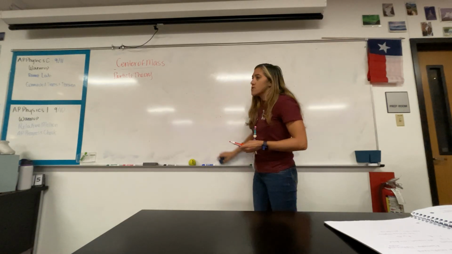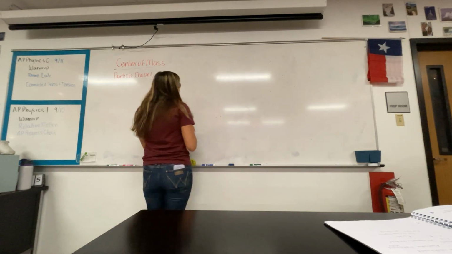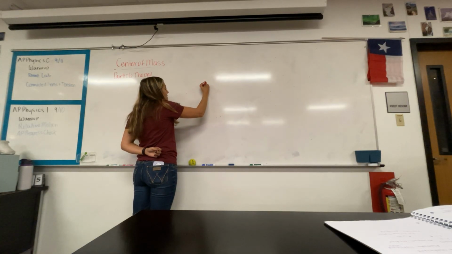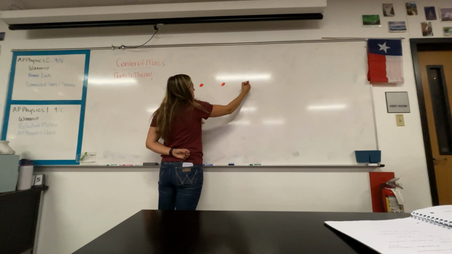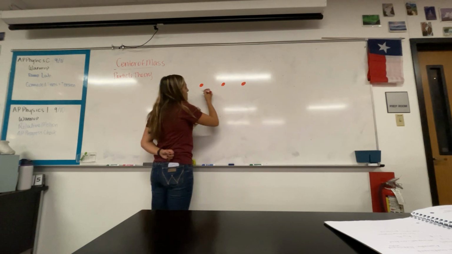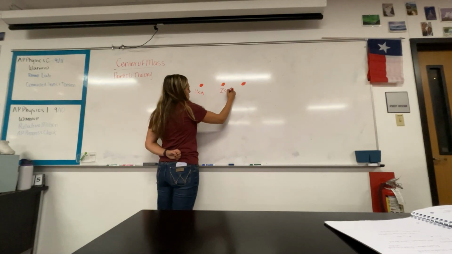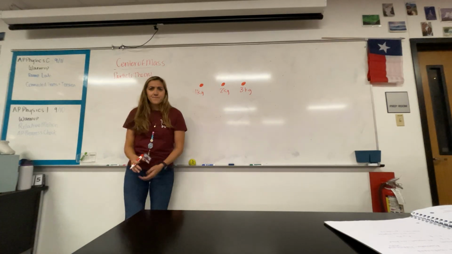But what if I need to calculate it actually for a system of objects? Maybe I have a system of objects that are all moving around together. So I'm going to draw these as big dots. And I want to know what the center of mass of the system is. Maybe my first dot is 1 kilogram, my second dot is 2 kilograms, and my third dot is 3 kilograms.